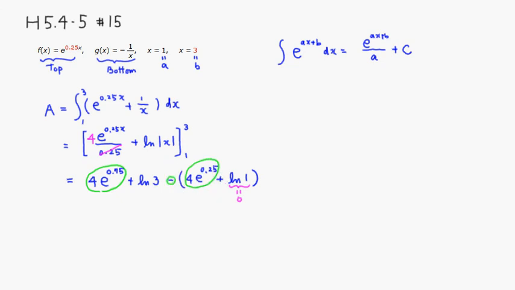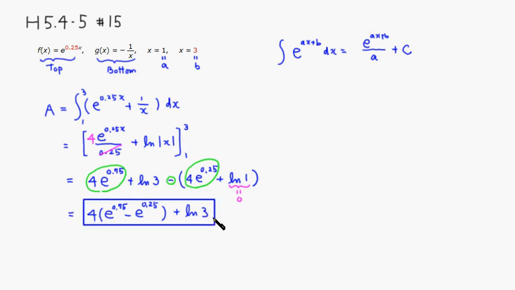So this is going to be equal to 4 times e to the 0.75 minus e to the 0.25, since 4 is factored out here, then plus natural log of 3. So this is the area of the shaded region.